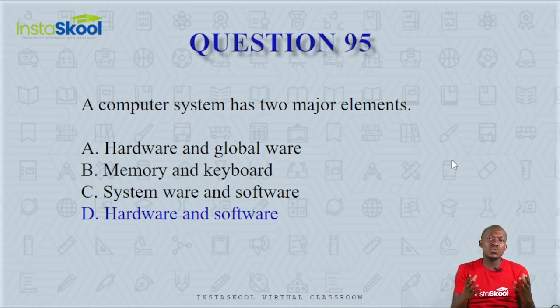Just as you are hardware, but you have life in you that people cannot see and touch. So the system also has the hardware, like the monitor, the keyboard, the CPU, the mouse. You can see and touch them. But there is a software component that powers the hardware, like Microsoft Windows and other software like that. So the correct answer is option D, hardware and software.